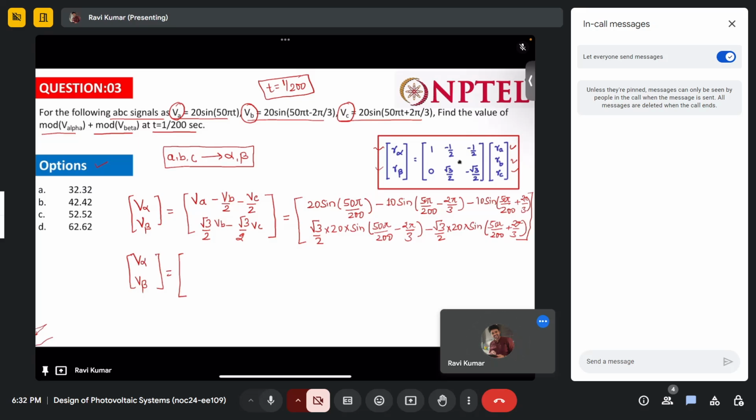Sine 50, 180 into 50 divided by 400. So it is coming like 20 sine 45 degree minus 45 minus 120.